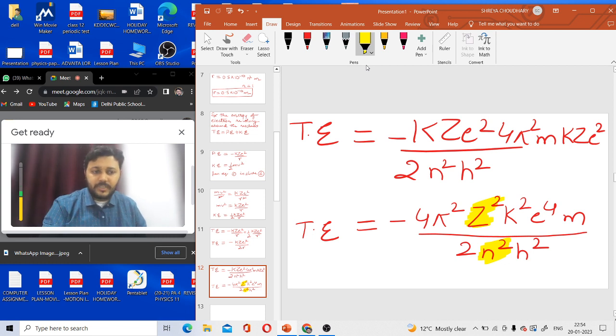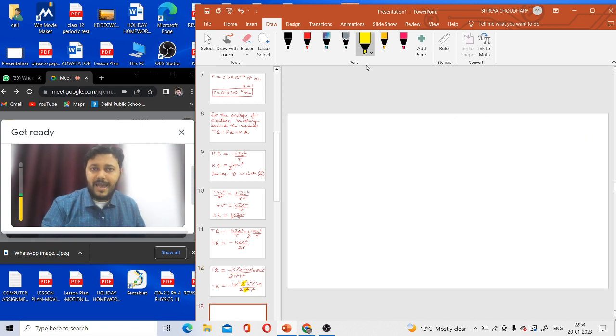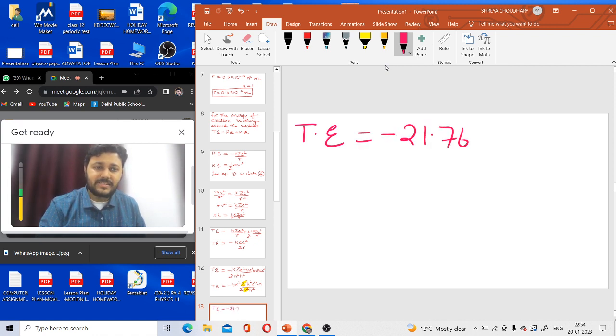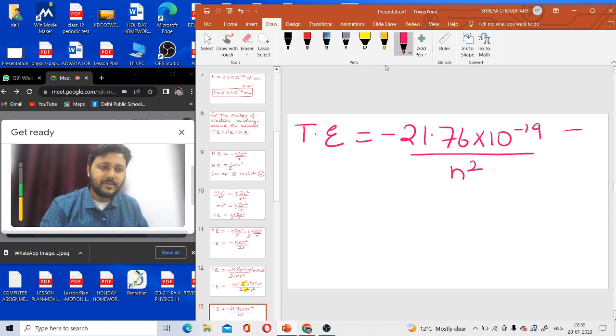Okay, so on putting all the values, the value of k, the mass of the electron, the charge of the electron, and the Planck constant, we will have the value of total energy as minus 21.76 × 10⁻¹⁹ upon n² joule, keeping Z equal to 1 for the hydrogen atom.